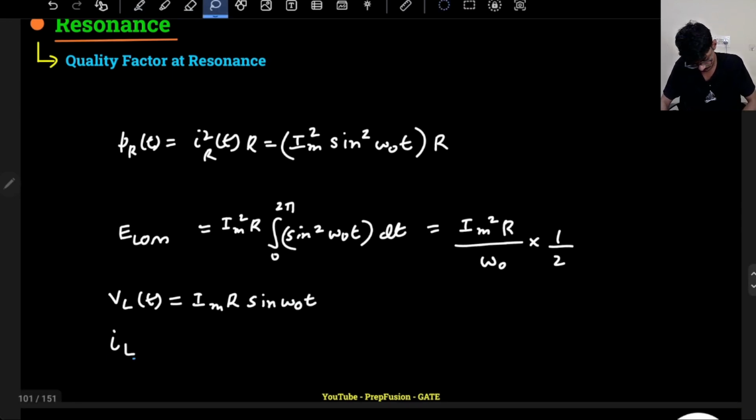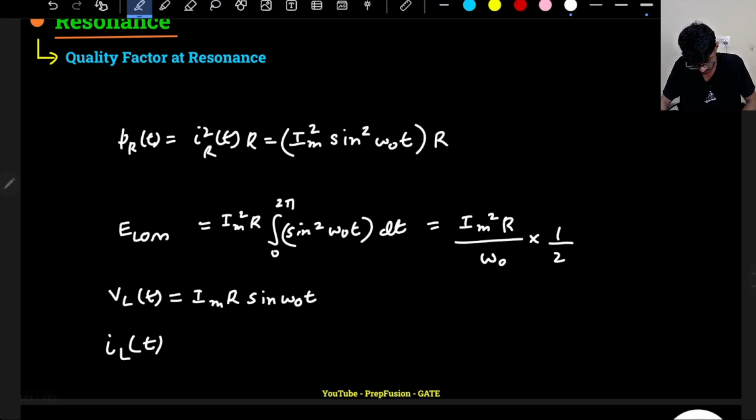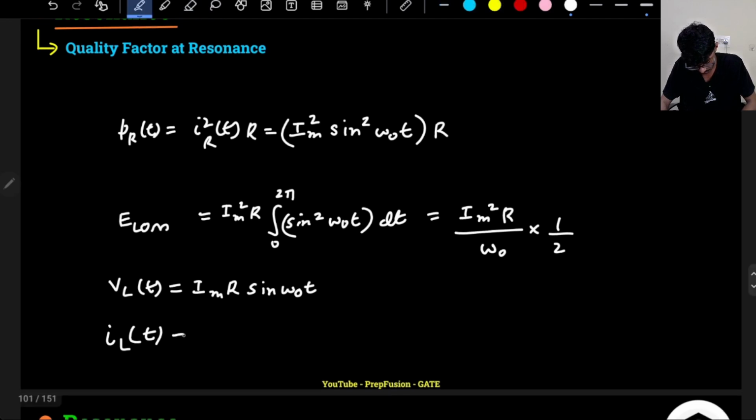Okay, so my current will be what? Current will be the integration, right? 1 by L into the integration of this.